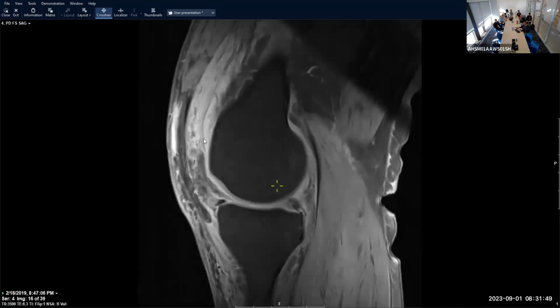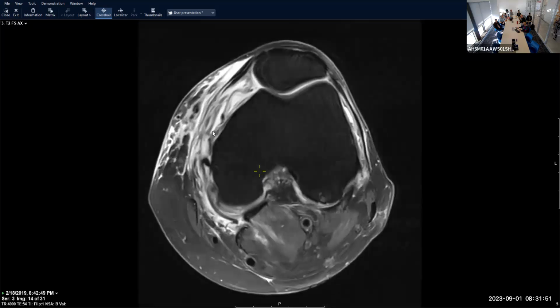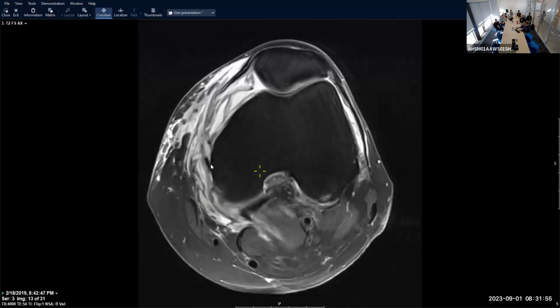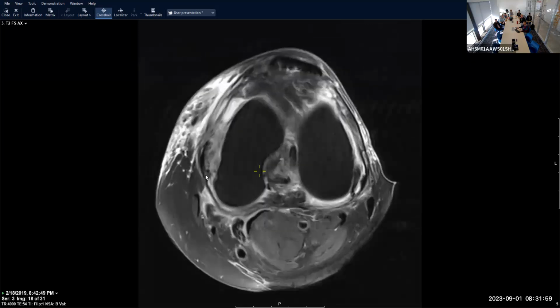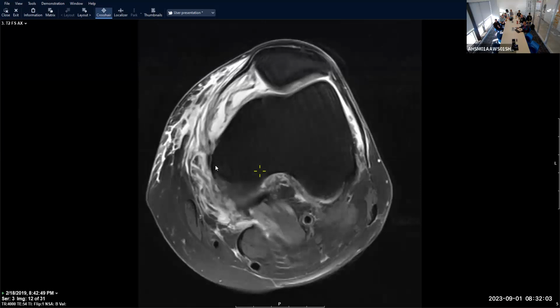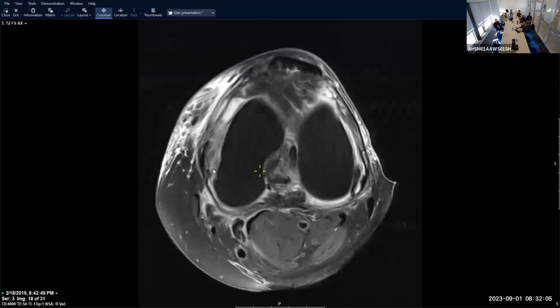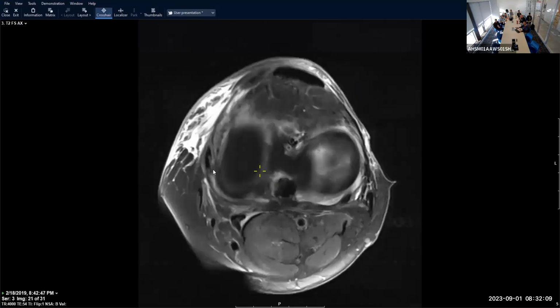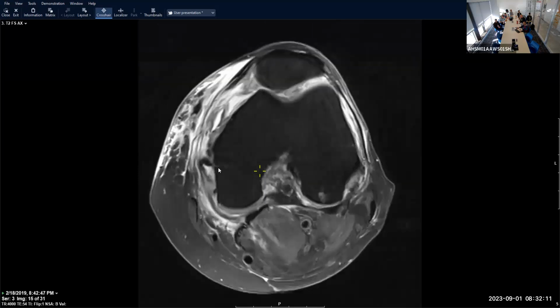A lot of soft tissue edema, obviously, in this acute injury. And here we can interrogate that PCL, that MCL, and basically, yeah, it's practically not attaching nicely to the femoral condyle there. So we have a high grade 3 MCL, we have a grade 3 PCL, relative sparing of the ACL.